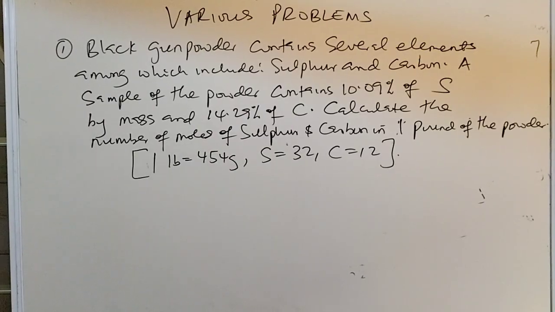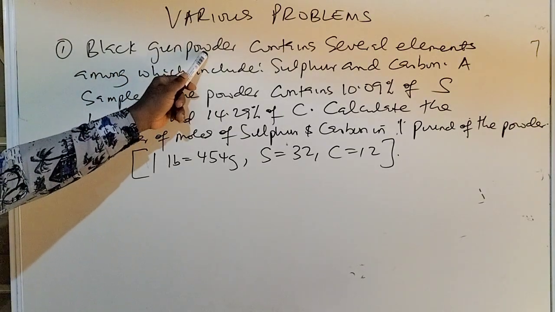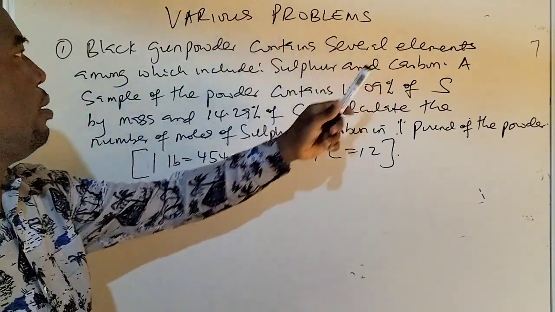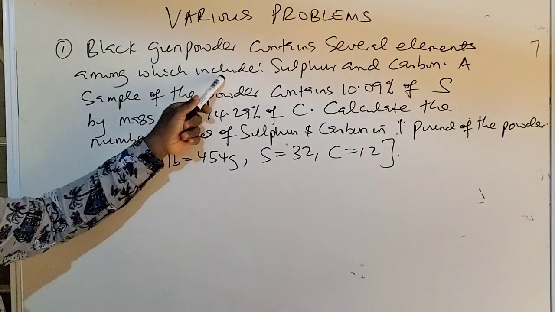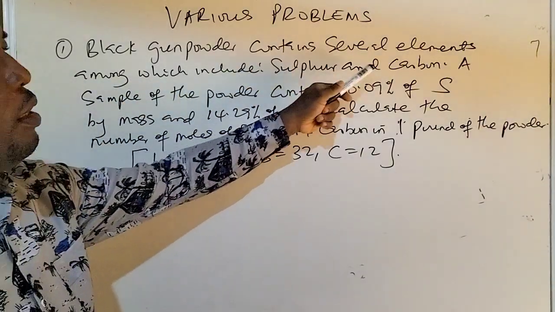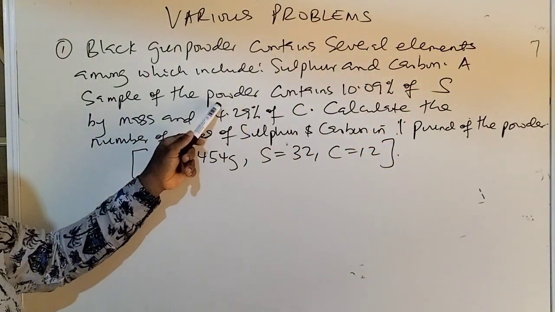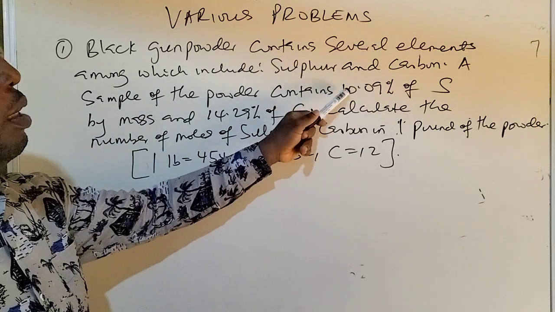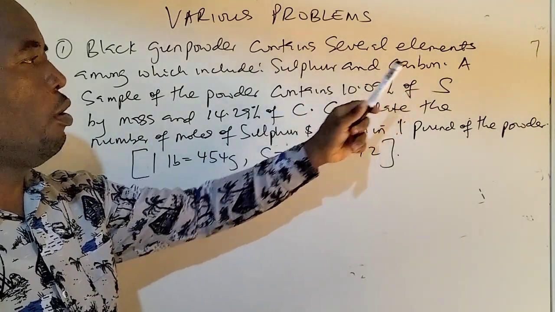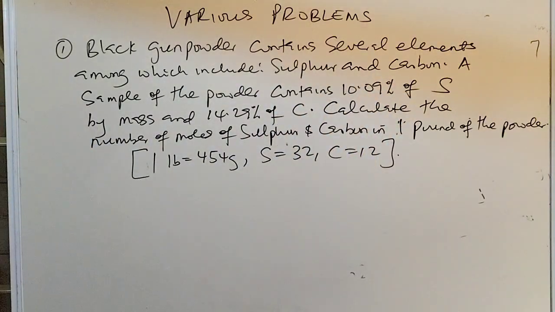So let's critically look at this question on the board and understand it before we solve it. It says that black gunpowder contains several elements, among which include sulfur and carbon. A sample of the powder contains 10.09% of sulfur by mass and 14.29% of carbon.